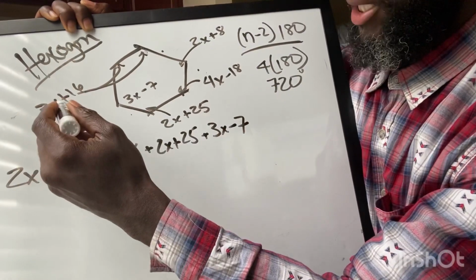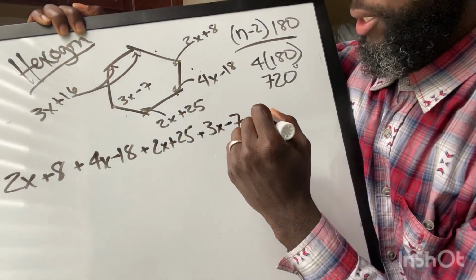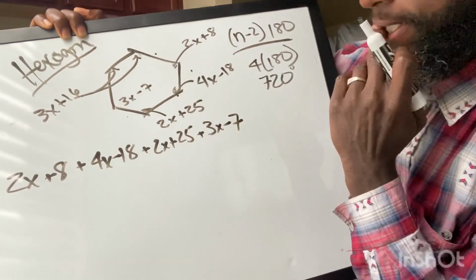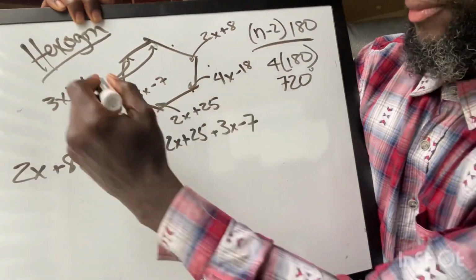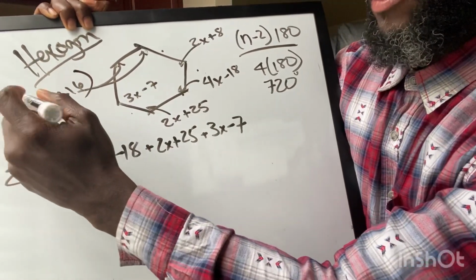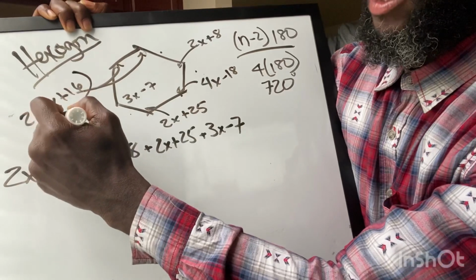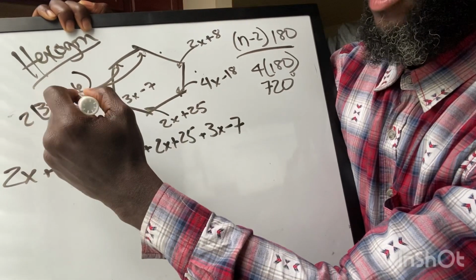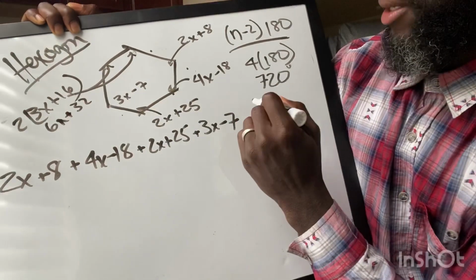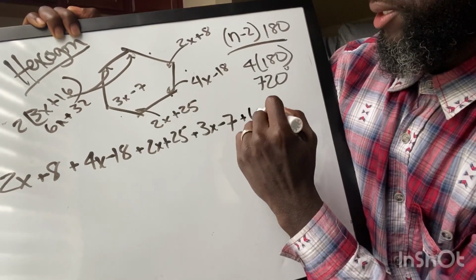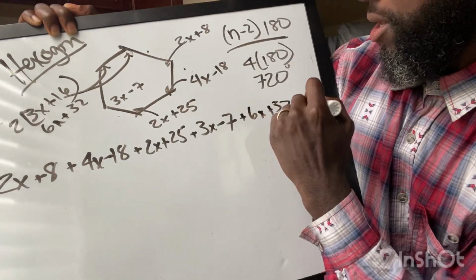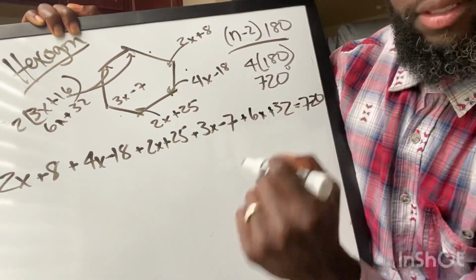And you got 2 of these, right? Let's do it over here first. If we multiply these by 2, it's going to be 6x plus 2 times 16 is 32, so plus 6x plus 32 equal to 720.